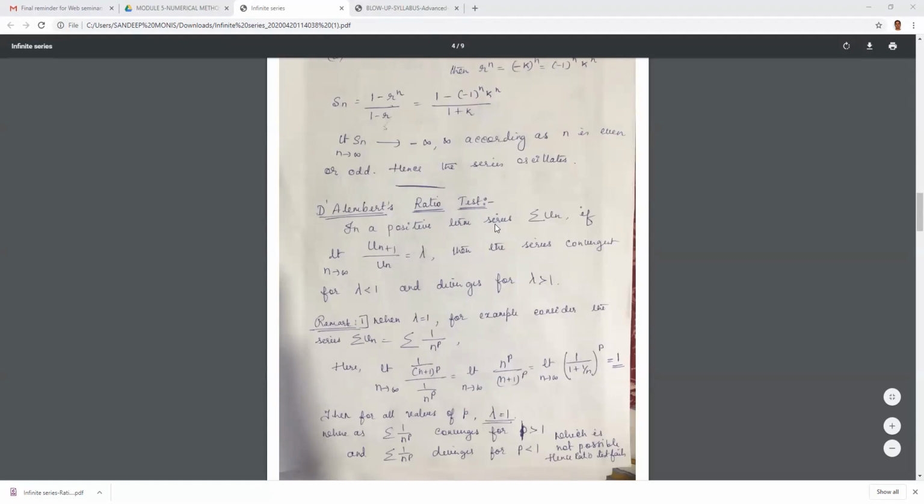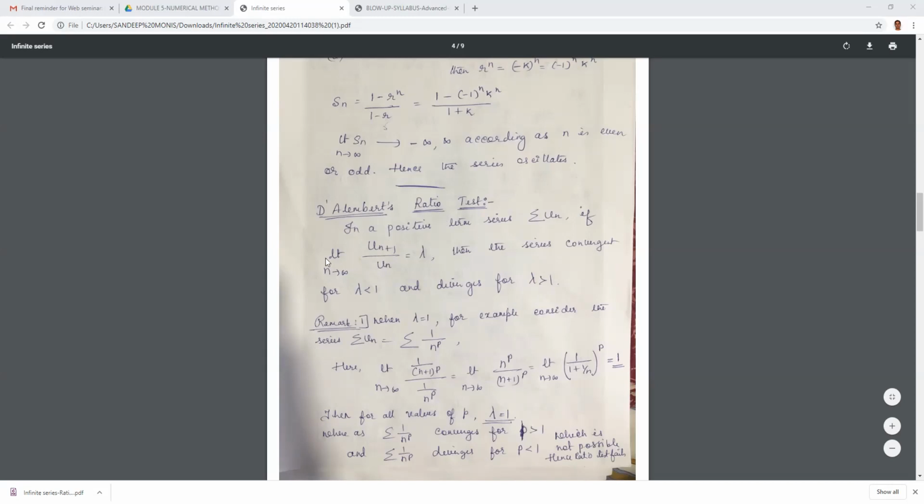In a positive term series, sigma un is a positive series. If limit n tending to infinity, un plus 1 by un equals lambda, then the series is convergent for lambda less than 1 and divergent for lambda greater than 1. So, what does the ratio test say?